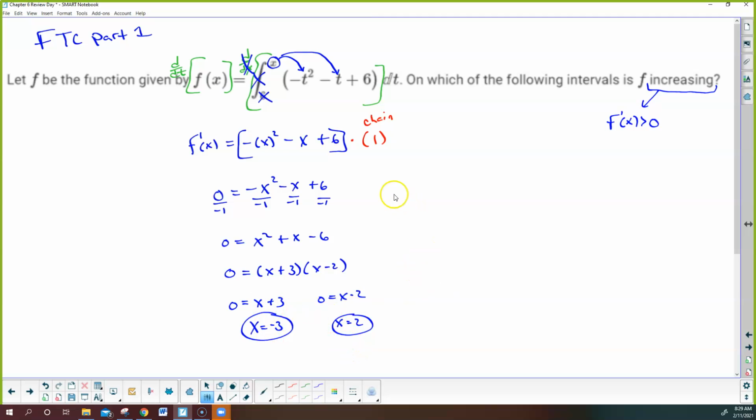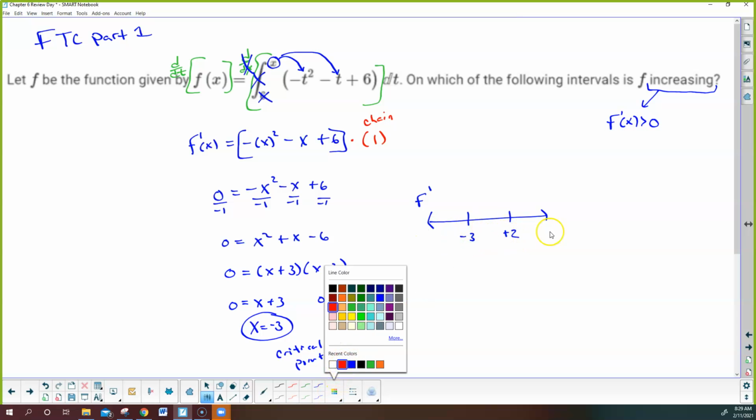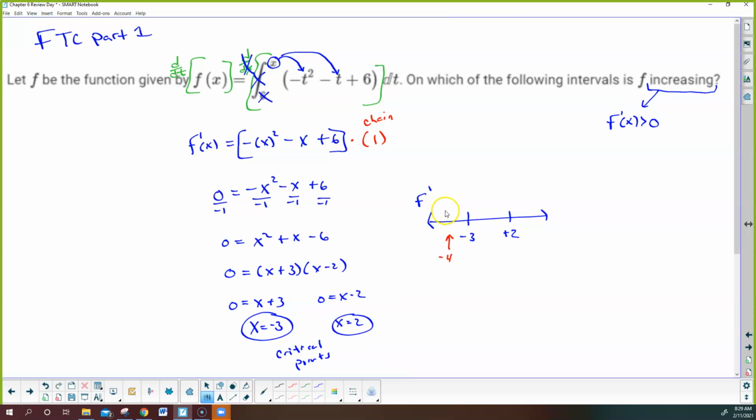All right, so I found my critical values, or critical points. What I need to do now is I need to test those into the first derivative to figure out which values are positive. So I'm going to test points to the left of negative 3 and to the right of positive, or in between these values. So I'm going to test, I don't know, negative 4 is a good test.